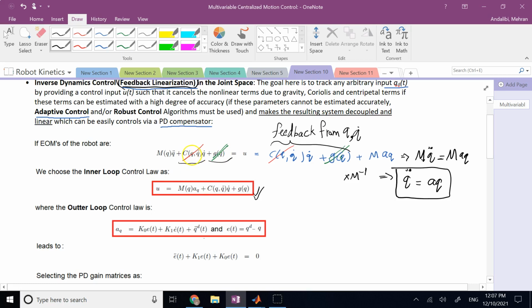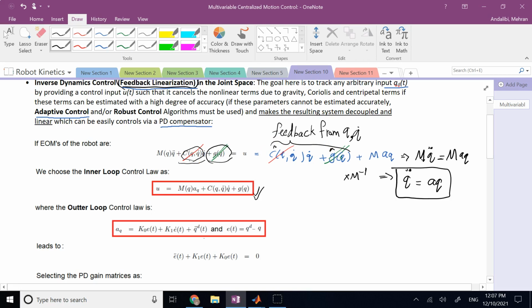So if it happens that the model that we have of the robot, this C is not perfectly accurate, or this G is not perfectly accurate, what's going to happen? The C that you calculate or the G that you calculate is not exactly the same C and G of the robot. So you will have something like C hat or G hat, and then you cannot simply cancel C and C hat. C hat is your estimate of C.